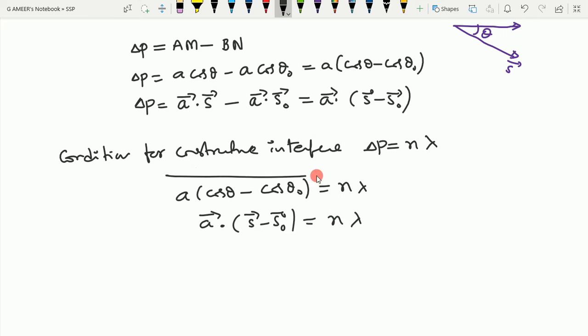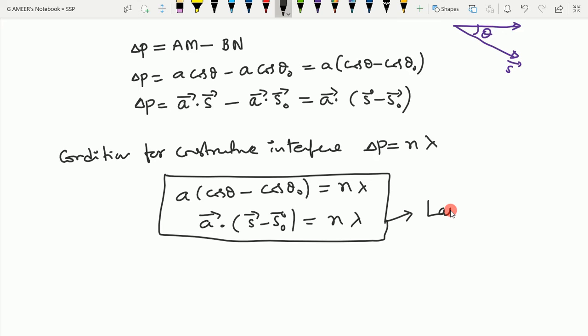So this is the equation we call the Laue equation for one-dimensional crystal structure. Generally here cos theta we call the cosine angle. So directional cosines: cos theta is known as, I'll put some alpha, and cos theta naught will be equal to alpha naught.